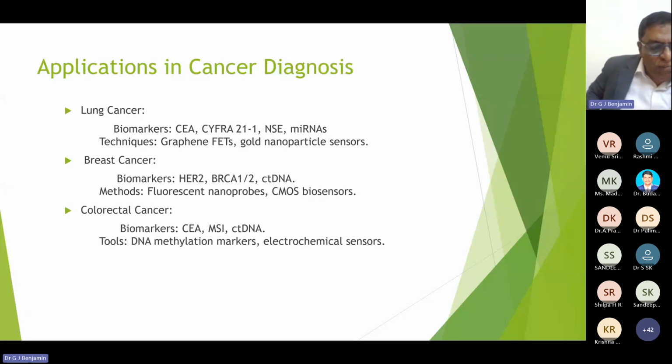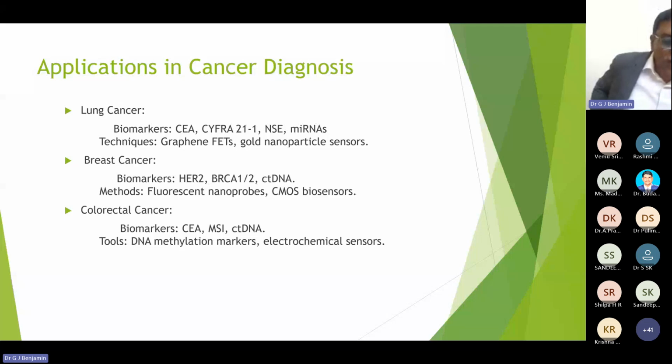Now, when you look at the application in cancer diagnosis, in lung cancer, the biomarkers are CEA, CYFRA, and NSE, and mRNAs. The techniques used are graphene FETs and gold nanoparticles.